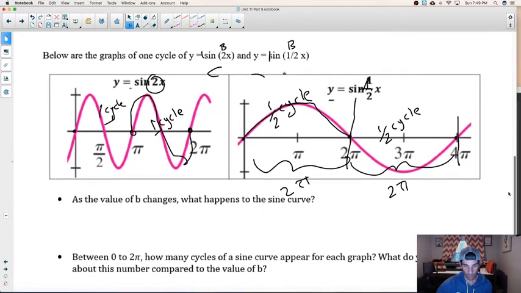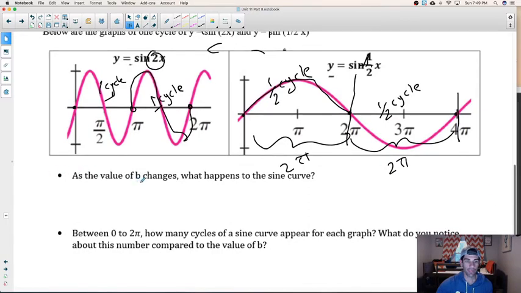All right. So as the b value changes, what happens to the sine curve? Remember, this is the most important part: a sine curve has to complete this cycle. So we looked at what happened when there were 2 sine curves between 0 and 2 pi, and what happens when there was only half of a sine curve between 0 and 2 pi.